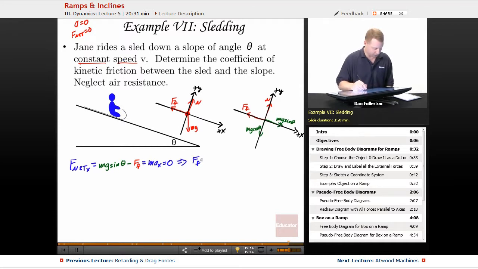Therefore, force of friction equals mg sine theta. And if we look in the y direction, net force in the y direction equals n minus mg cos theta equals 0. Therefore, n equals mg cos theta.